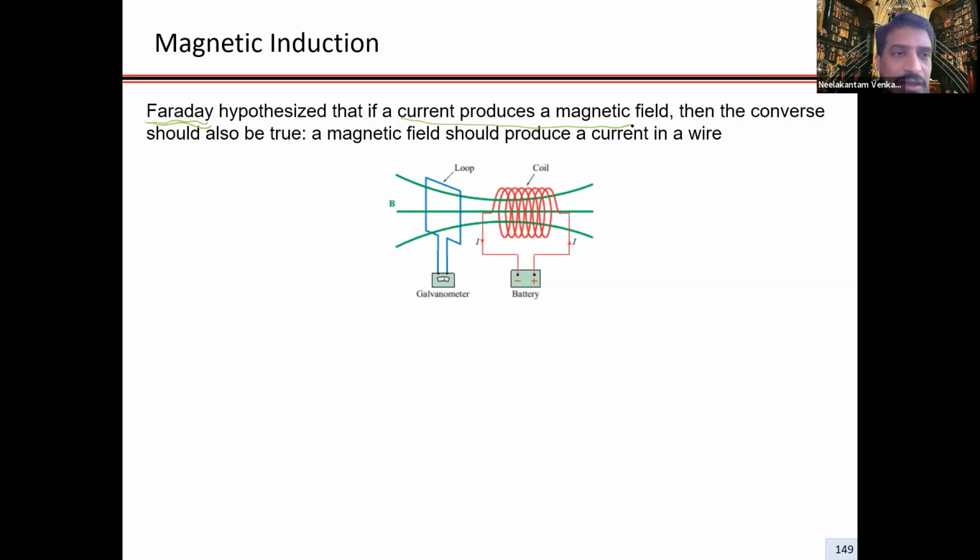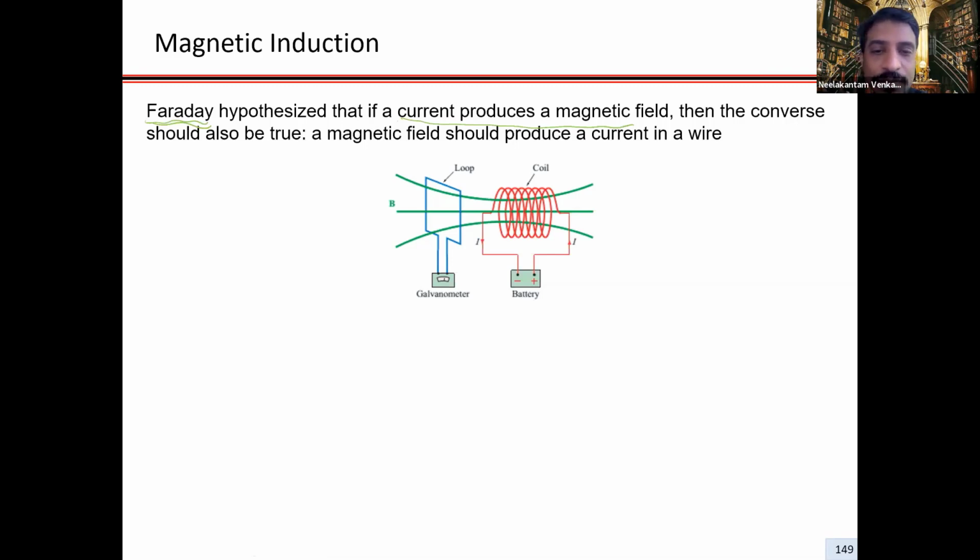Meaning, can a magnetic field produce a current? It's pretty ingenious, right? What is the cause and what is the effect? If something is the cause and that creates something, can what is being created create what created it in the first place? So the cause and the effect get swapped.